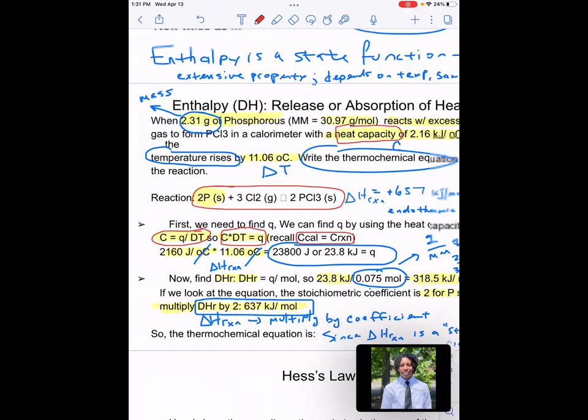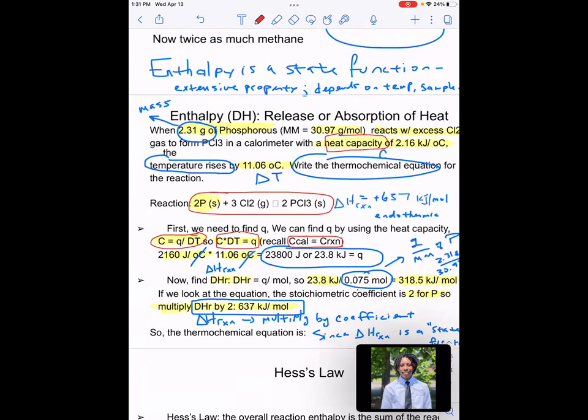So it gave us that. It said a calorimeter with a heat capacity of 2.16 kilojoules per degree Celsius. So we're good with that. All we have to do now is calculate Q.